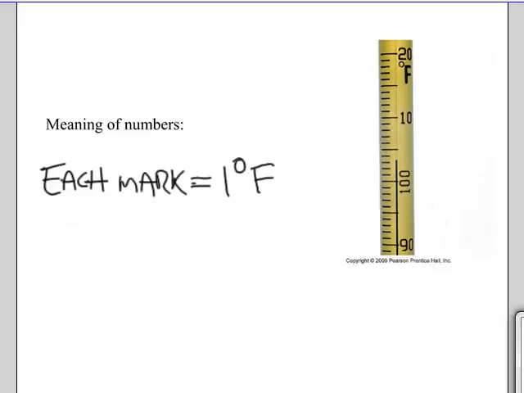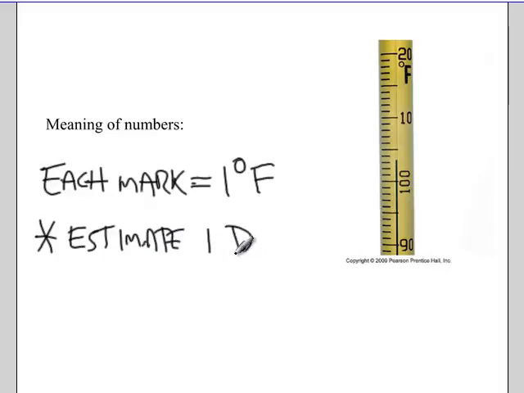How do we know which we should record as the actual temperature? And the rule is you always estimate one decimal place past the smallest marking.